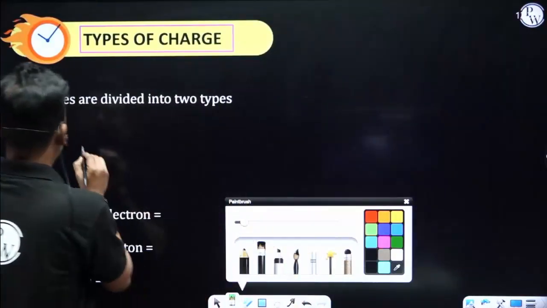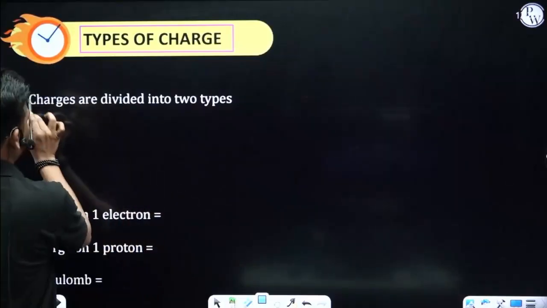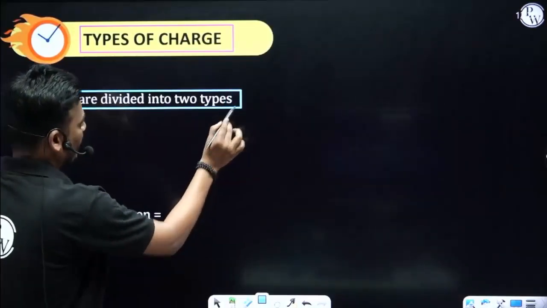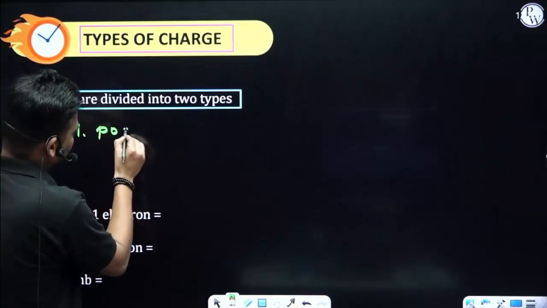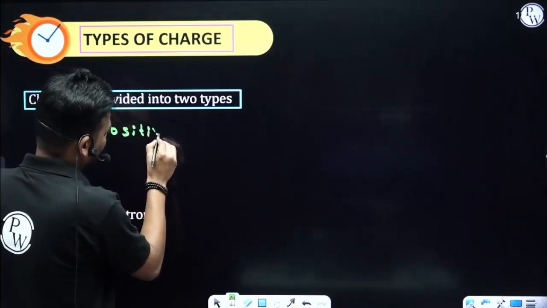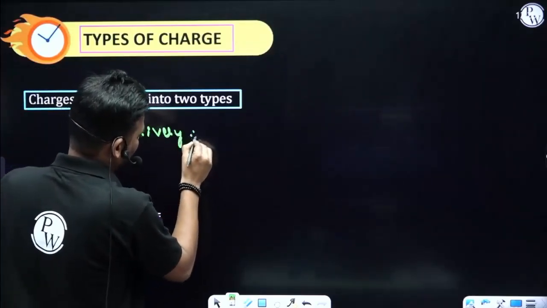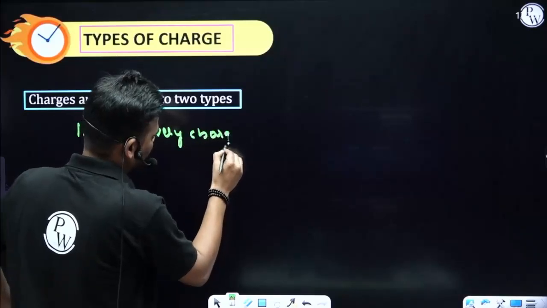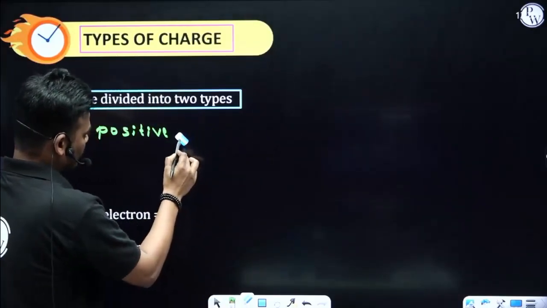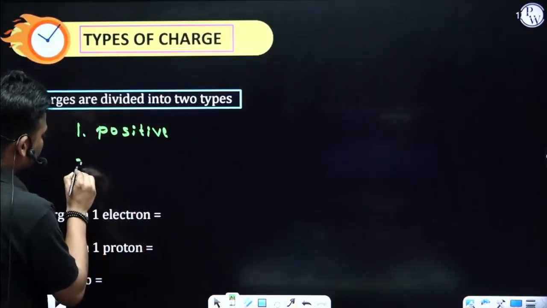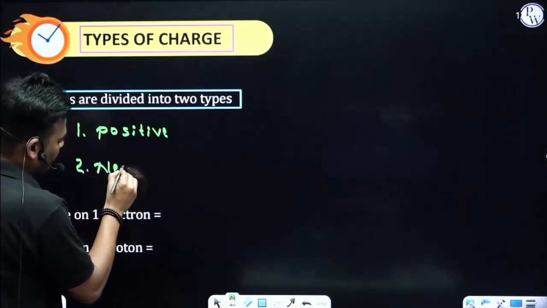These charges are divided into 2 types. The first one, positively charged. Positive or negative, that's all. So positive charge, and the next one, negative.